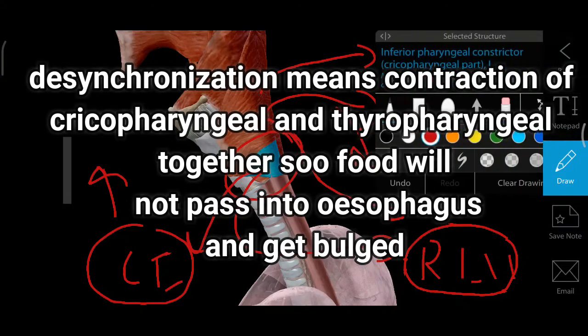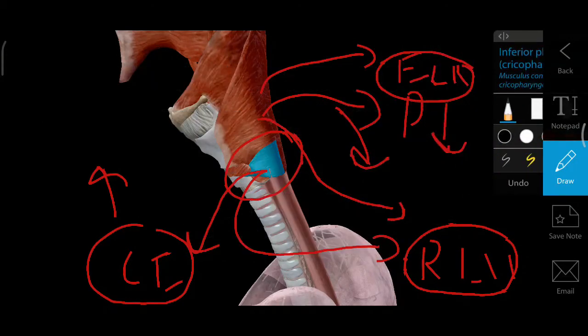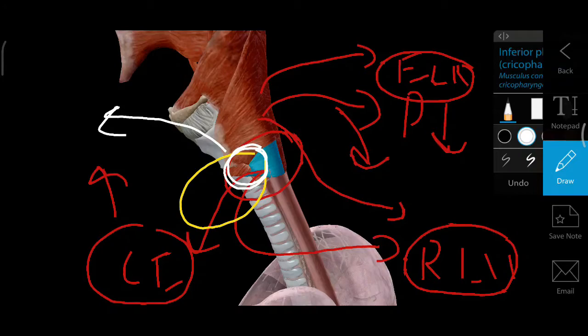The food will bulge like this. The mucosal layer inside the pharyngeal wall will bulge like this, because we have a space between the thyropharyngeus and the cricopharyngeus, and this space is called the pharyngeal dimple, or Killian's dehiscence. So guys, imagine that these two muscles are not stuck together; we have a space there.